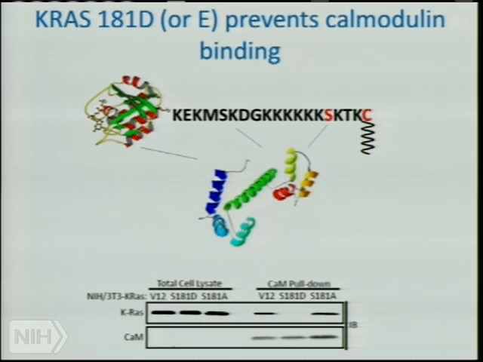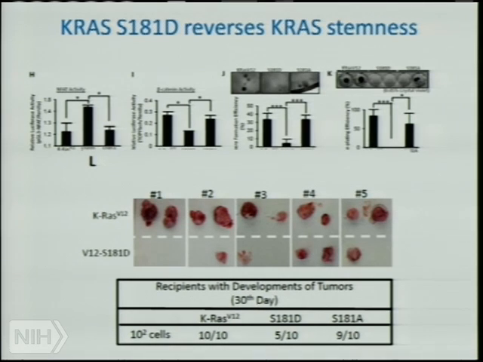We can make a mutation of the serine to make it look like a phosphate. It doesn't bind calmodulin anymore. That mutation in KRAS prevents the stemness properties that I just described and reverses malignancy. So we can turn KRAS off, not from the proliferative point of view, but from the stemness point of view, by preventing calmodulin binding to KRAS.